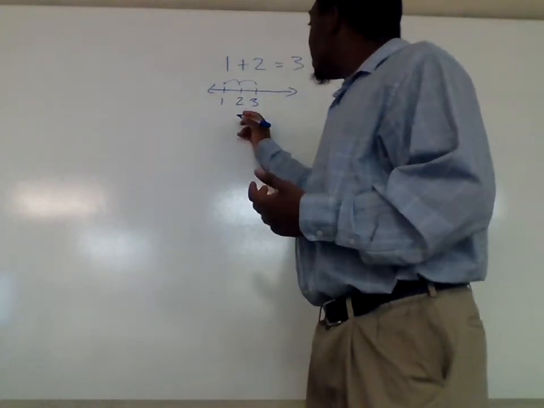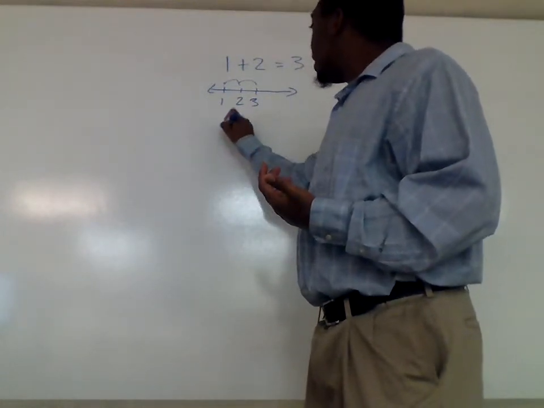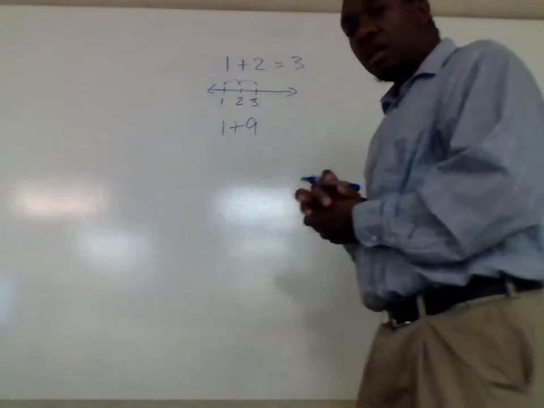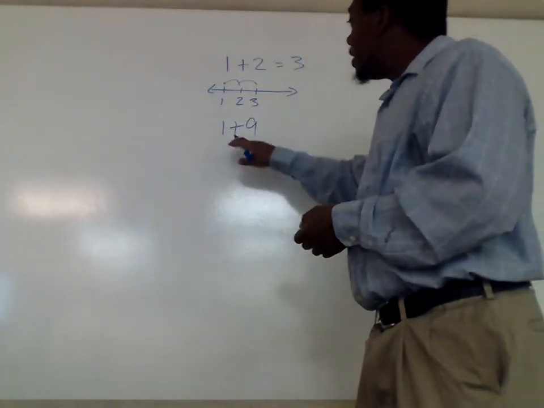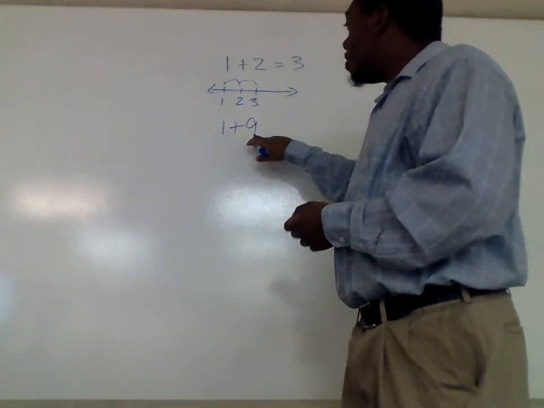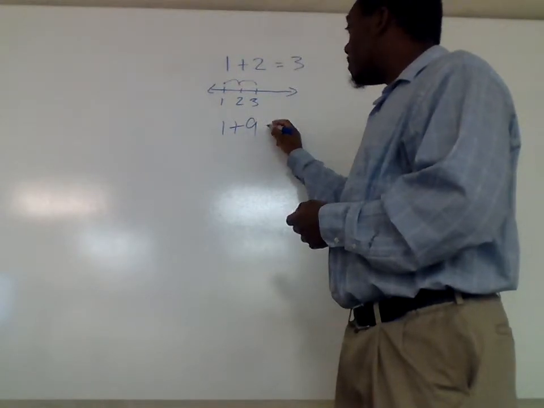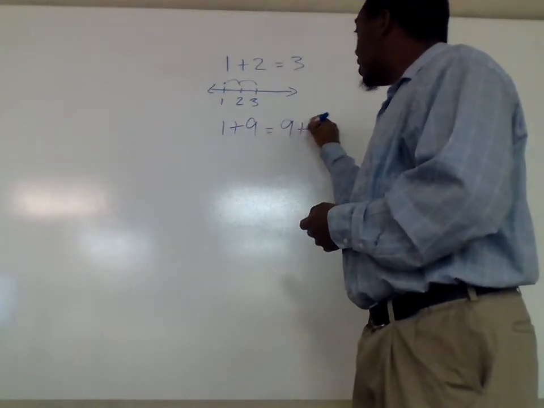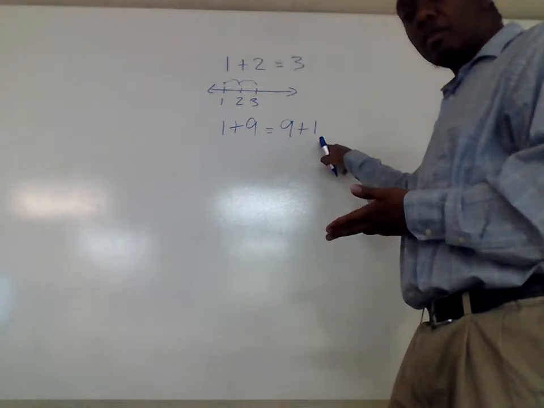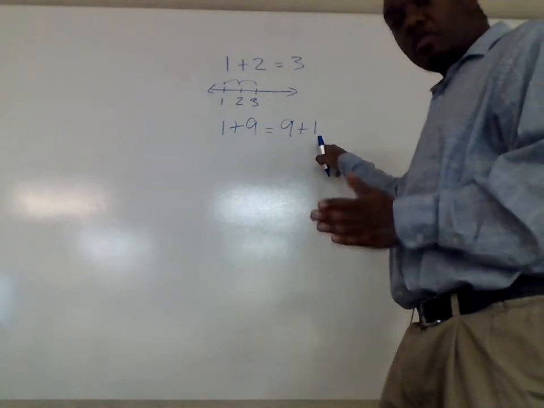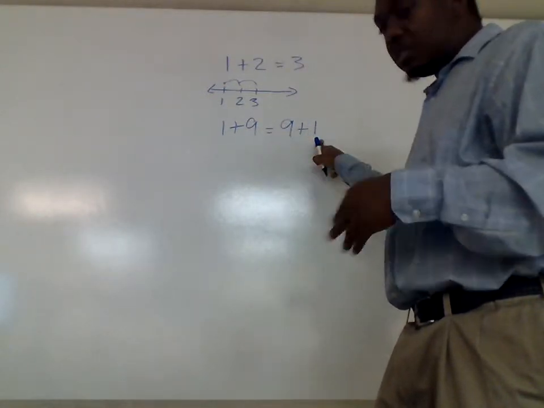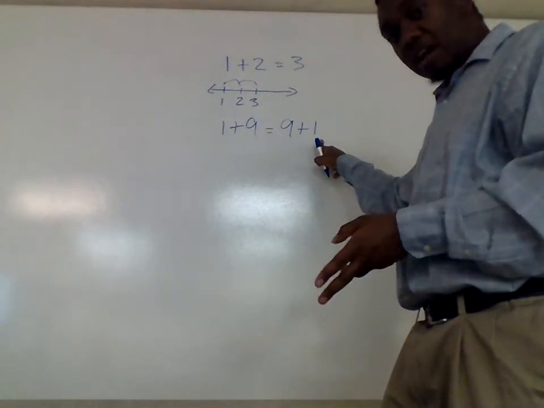So what about when we get to things with, say, 1 plus 9? Well, when we increase by 9 from 1, or if we think of this as increasing from the number 9 and going up by 1, because these are the same, whether I do 1 plus 9 or 9 plus 1, it's still the same. So it's okay for me to move it around.